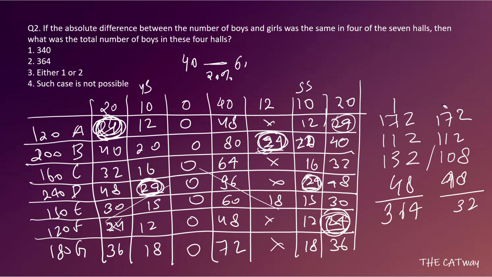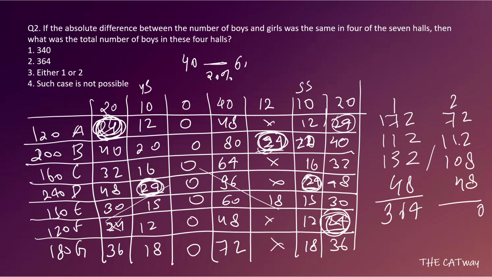First one it would be 72, second 112, third 108, and it would be 48. Oh sorry, I didn't count 8. So 8 to 10 and 8 to 10 and 20, carry over 2, 7 to 9, 1, 10 and 14, carry over 1, that is 340. So 340 is also possible, 364 is also possible. So either of 1 or 2 is possible. We cannot say both, either of them would be possible.